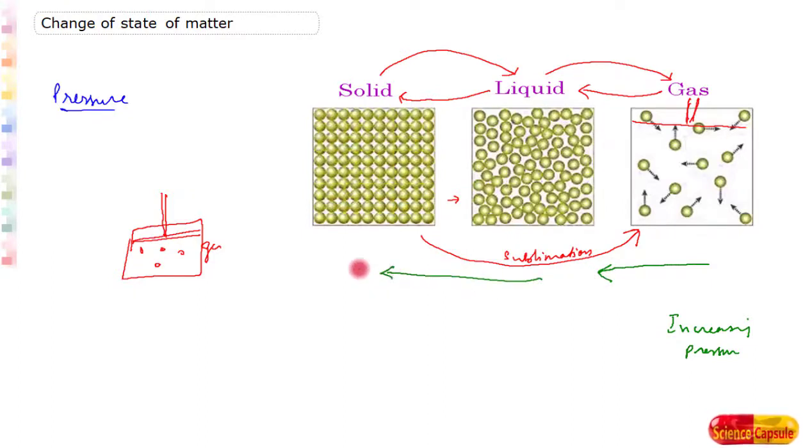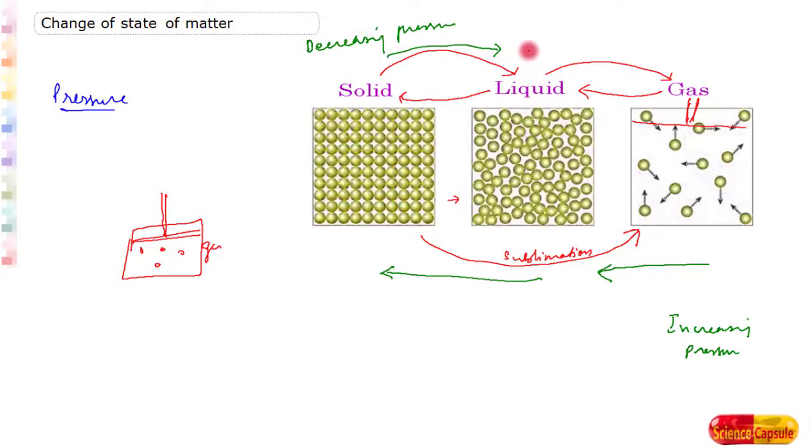Now, we see what happens if the pressure is decreased. If you release the pressure, then what happens? The particles will freely move. If they move freely, then space will be created. If the space corresponds to the intermolecular space of liquid, then solid changes into liquid. So, on decreasing pressure, solid changes into liquid. Likewise, on further decreasing the pressure, the particles would move freely and more space will be created, right, due to less pressure.